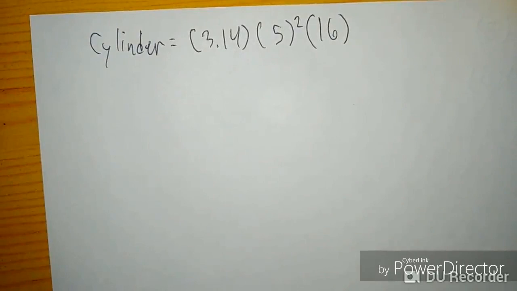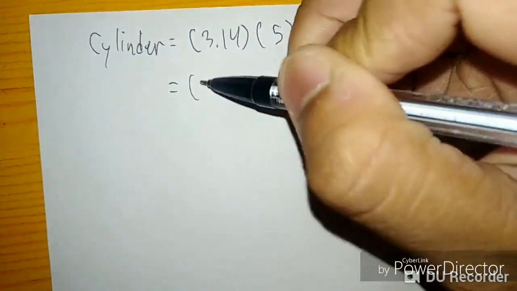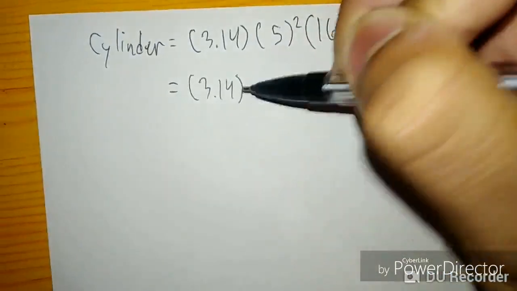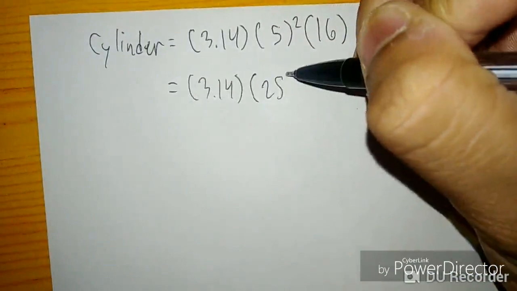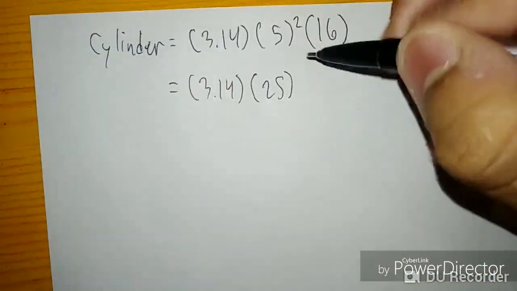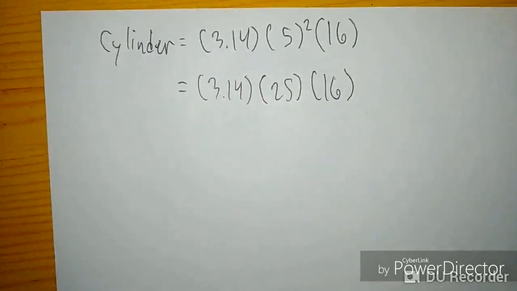Using PEMDAS, let's get it to its whole numbers. So 3.14 as is, and 5 squared, which is simply 25, doesn't need a calculator, and 16. So let's multiply the value of pi to the value of r squared.